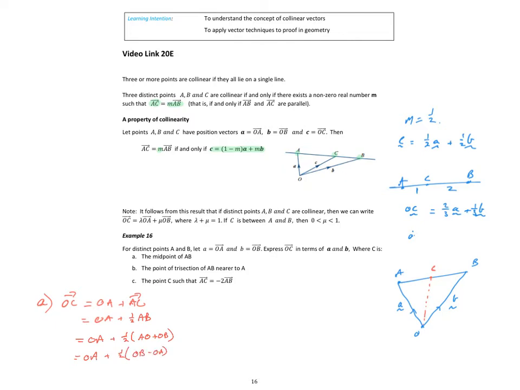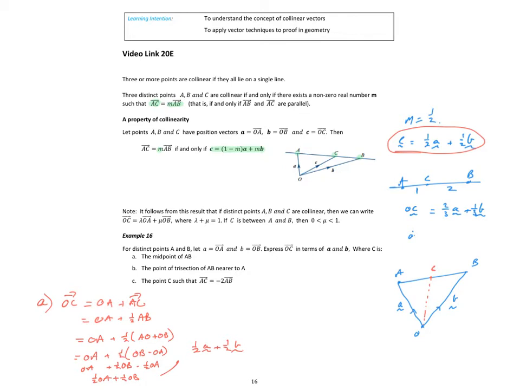So if we group our terms together here, I get OA plus a half OB minus a half OA. So I get a half OA plus a half OB, which is equal to a half A plus a half B, which is what we said it was going to be if we just use that relationship to begin with.